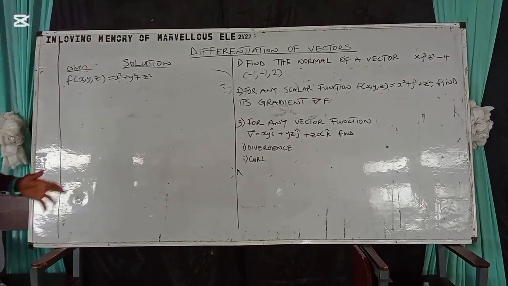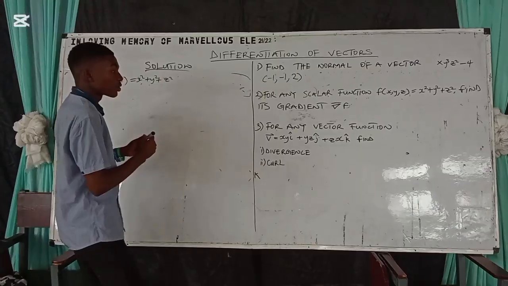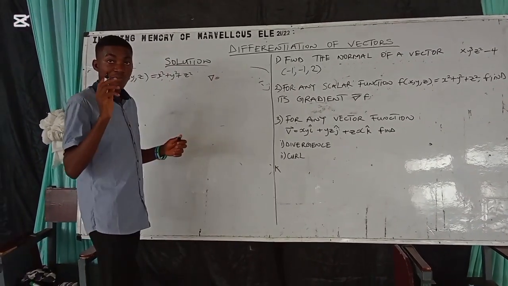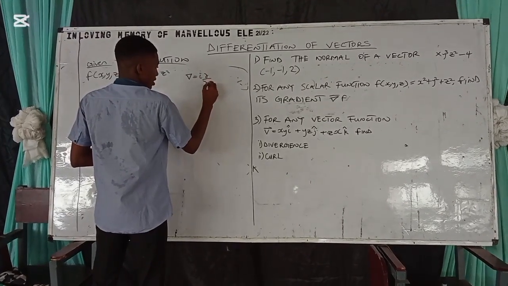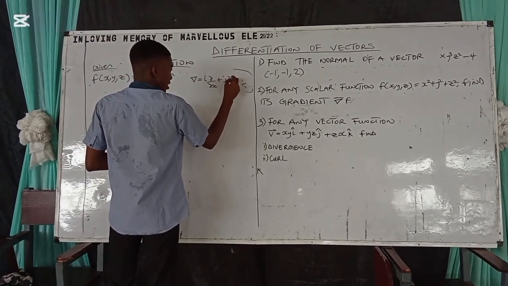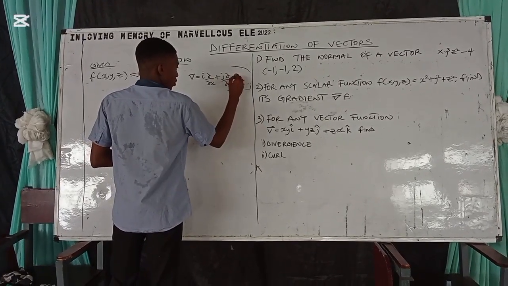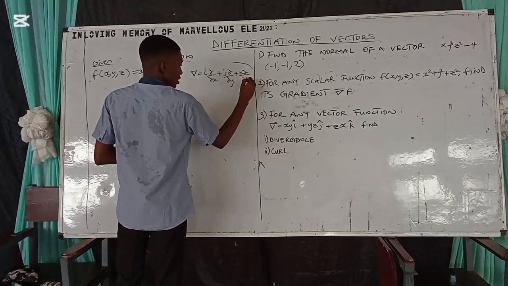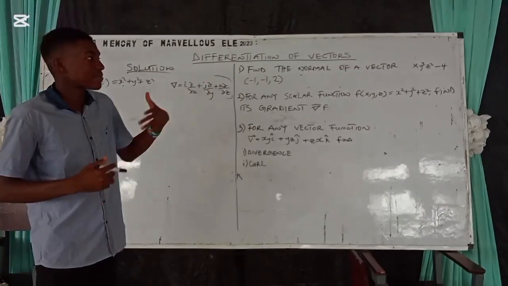Gradient and normal are simply the same thing. You just apply your vector operator, which is i partial with respect to x plus j partial with respect to y plus k partial with respect to z. Don't forget the vector operator, it's very important.